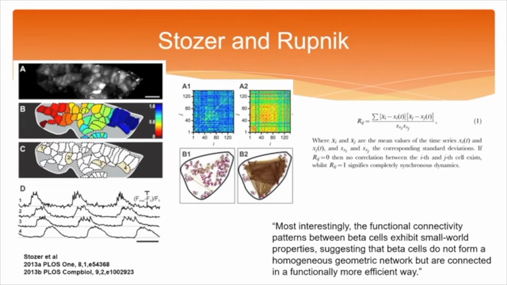I just want to take you back a little bit and give you some context about some of the ways in which we think about beta cell connectivity in the islet. And this builds on some work from Maribor, so Andrej Stožer, who 10 years or so ago now took slices of pancreata from rats, looked at them loaded with calcium dyes, and started to take out individual beta cell calcium time courses in response to the addition of glucose to those slices.